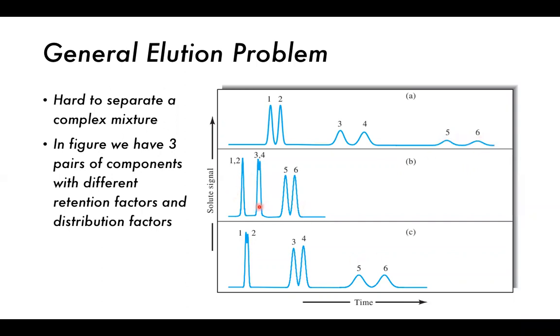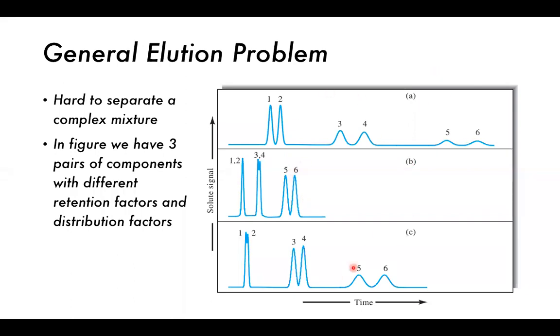Of course, in B, we have well-resolved 5 and 6, but the others are not well resolved at all. And in C, the time is very long, and so it would be problematic to actually run this. But 3 and 4 are well resolved. 5 and 6 are okay, but not really what we want. This is the kind of standard that we want: 3 and 4 in C, 5 and 6 in B, and 1 and 2 in A.